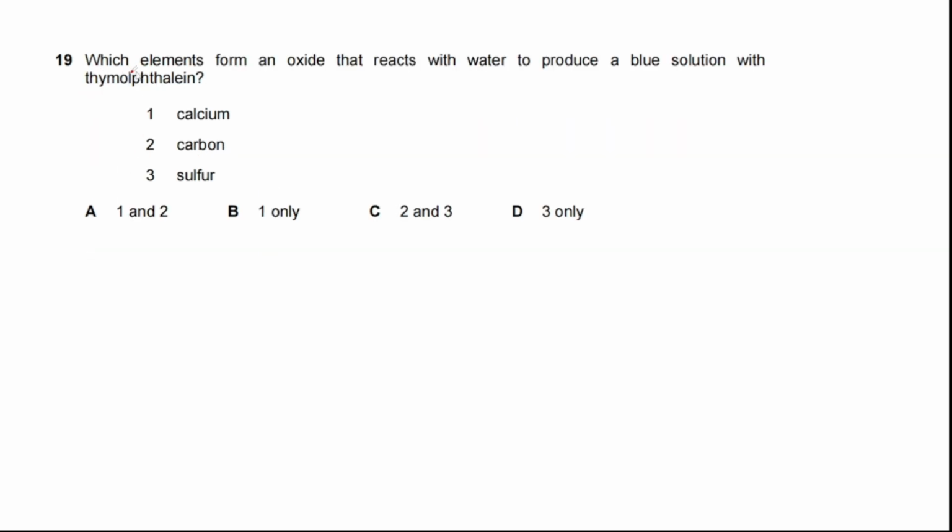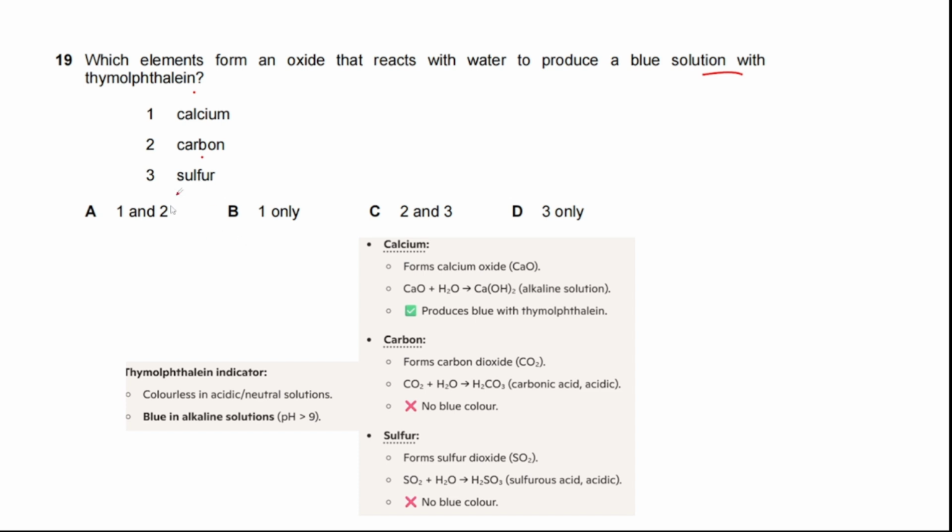Question number 19. Which elements form an oxide that reacts with water to produce a blue solution with thymolphthalein? Calcium, carbon and sulfur are the elements. The thymolphthalein indicator will form a blue color.